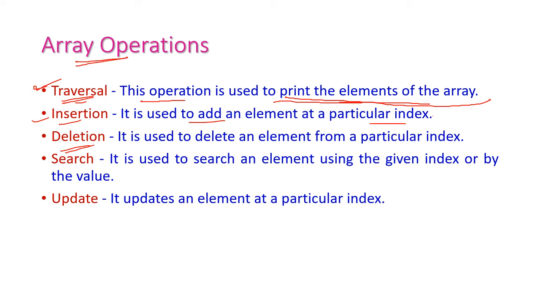Deletion means deleting an item from a particular position. The next one is searching, searching a particular data item by giving the index value. The next one is update. Update means updating an existing data item by using the index value. Now let us see how to do these operations by using C++.